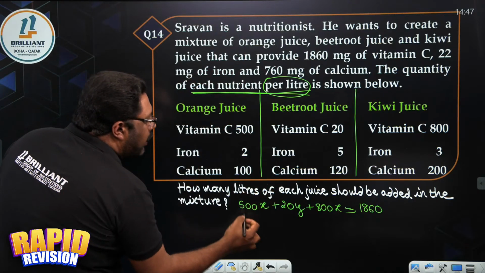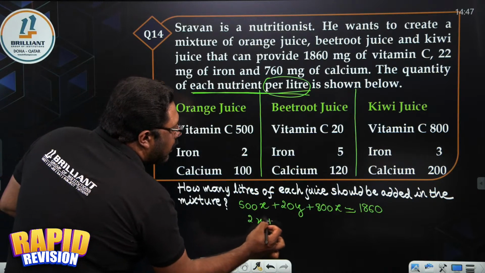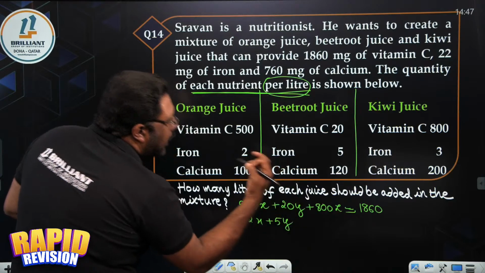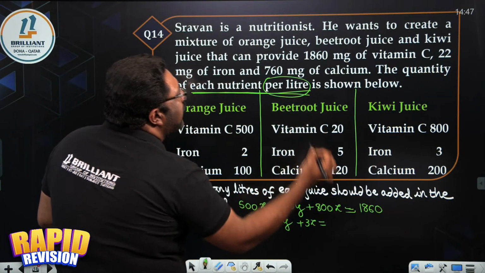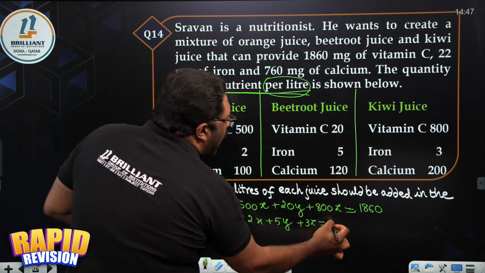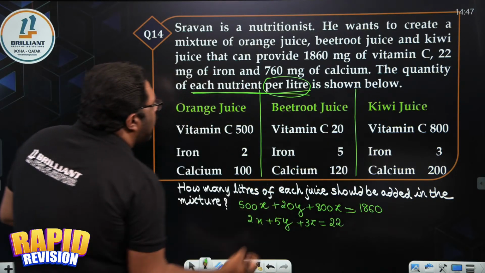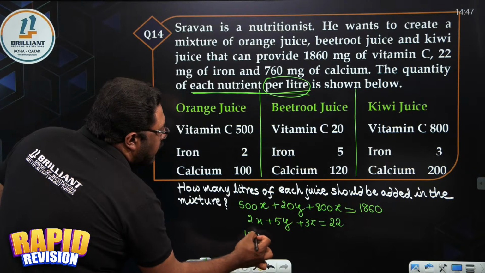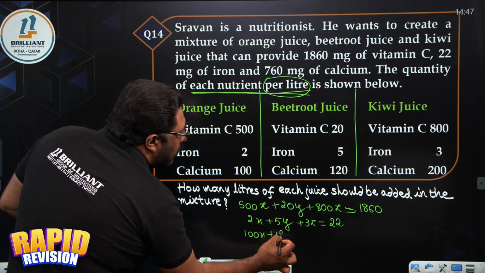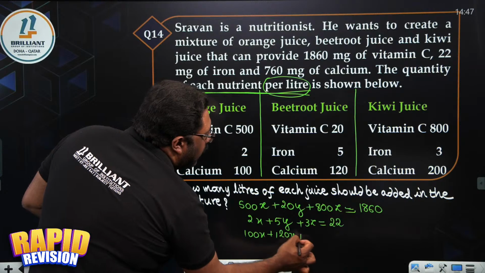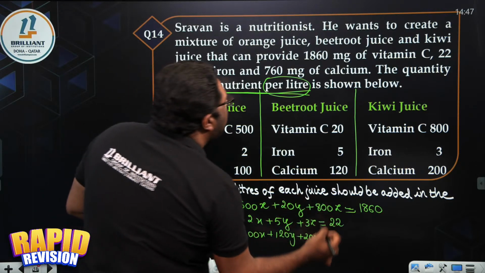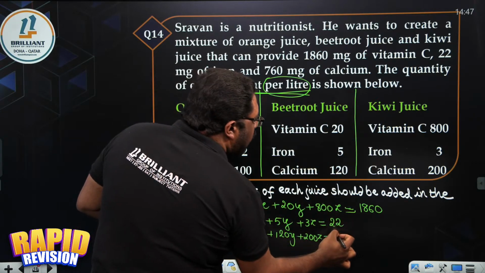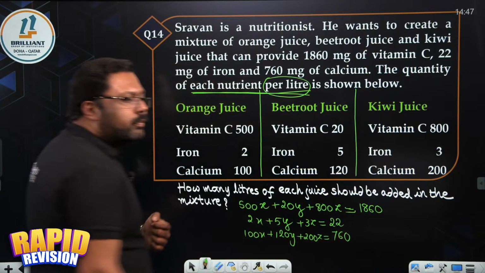Okay. Next one, 2x plus 5y plus 3z equal to 22 iron. Then 100x plus 120y plus 200z equal to 760.